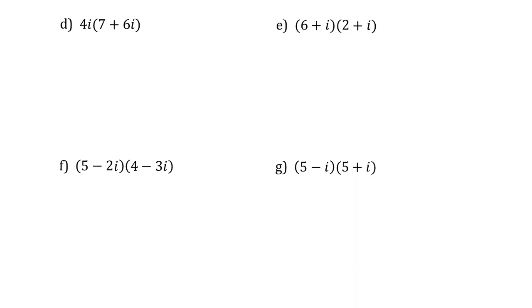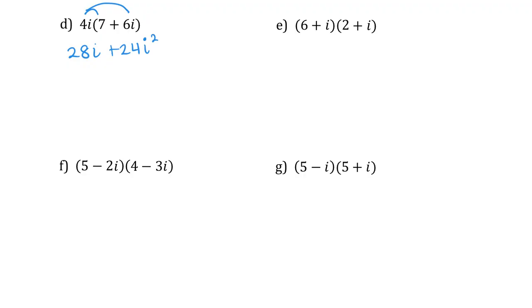Okay, we're going to multiply a little bit more. It's going to be a little more complicated, but it's the same idea. So let's distribute here. 4i times 7, that's 28i. 4i times 6i, 24i squared. Okay, I want to do real plus imaginary. I see the imaginary part here. I see an i squared.